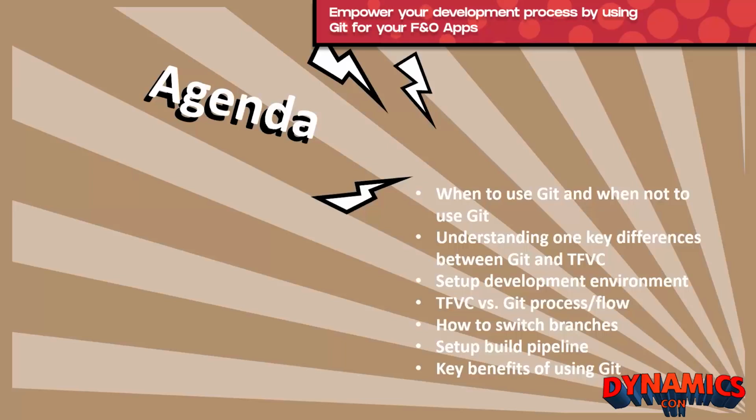With this setup, we compare the TFVC and the Git process flow when developing F&O extensions. Then I want to show you how to switch branches. If we have enough time left, I show you some details for setting up your build pipelines with Git. And then I'm closing with the key benefits of using Git.